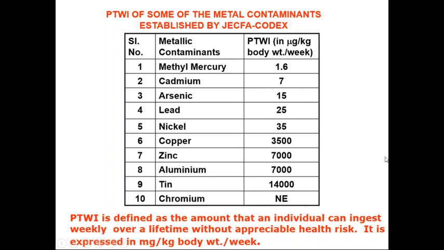So that is why, somebody was asking me, how do they set the limits? The limits are set based on the toxicity of the elements and how much of the food that we consume. So in a week, you cannot consume more than 1.6 micrograms of methyl mercury. If you do that, it will become toxic.